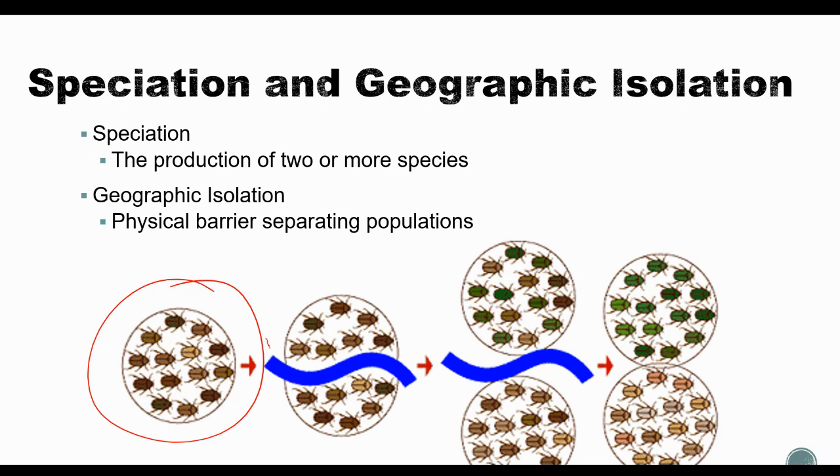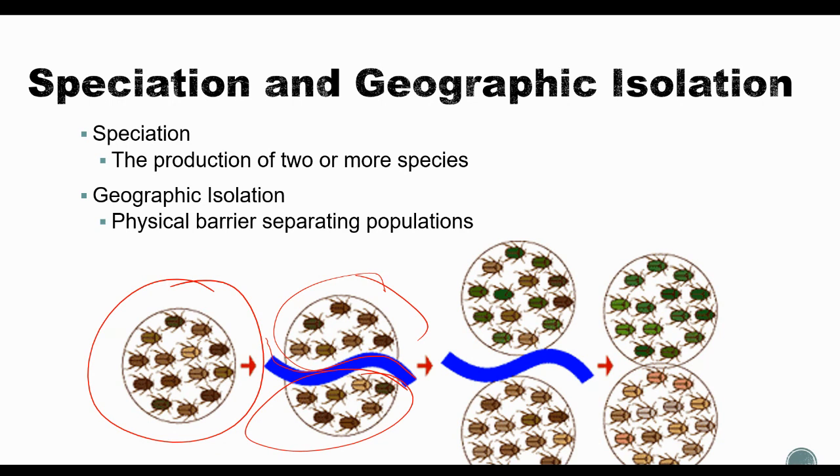You get a river that flows between the 2 and it separates them, or a mountain or something. There's a drought and there's this giant desert, and you separate this large population of beetles into 2 populations, one on each side of whatever that isolation instance is.